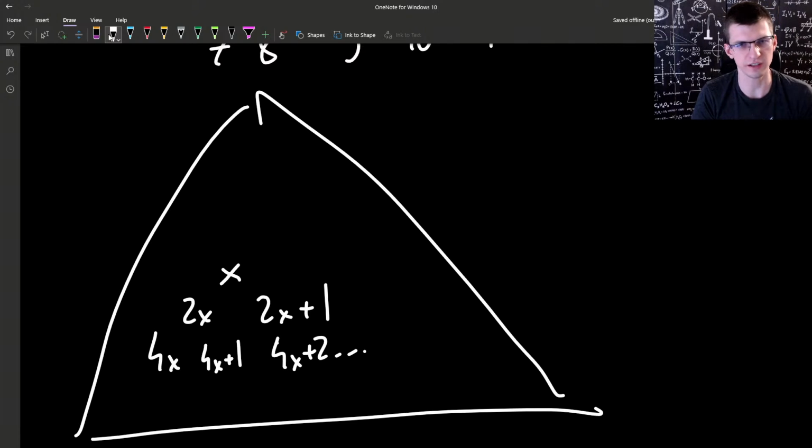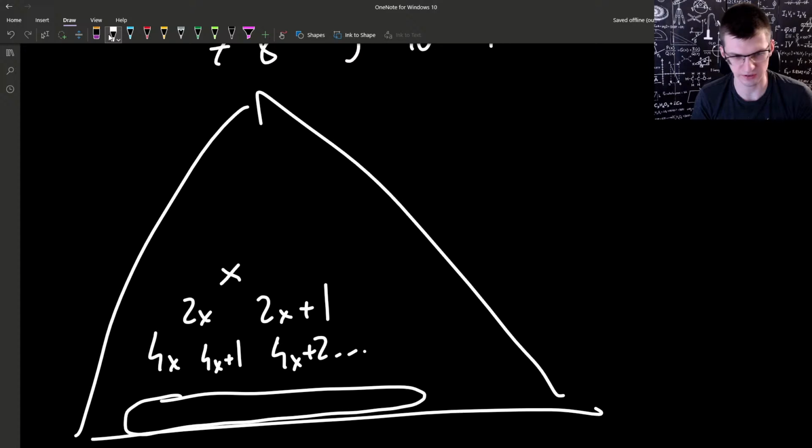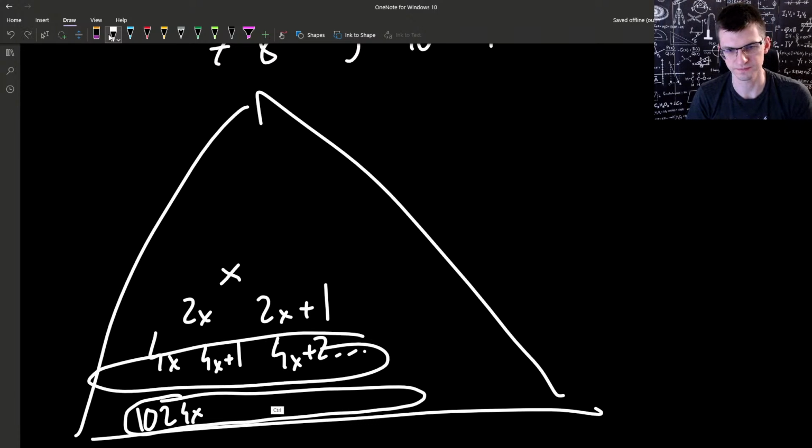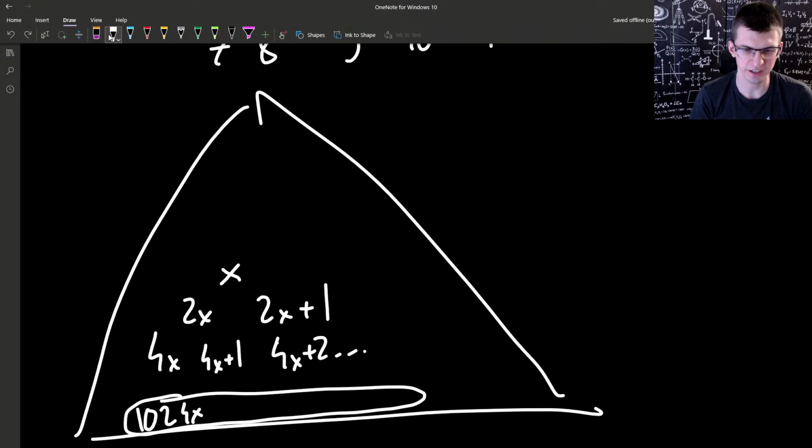Generally, after any number of steps, you have some interval of vertices. This will be, say, 1024 times x, then it will be this plus 1, and so on. Interval of 1024 consecutive values. Like this is interval of 4 consecutive values. But all of that is taken modulo n, but it's still some consecutive values modulo n.